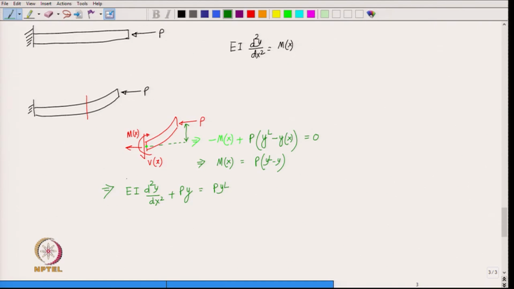So, the equation that we have here is a second order equation, and it is also non homogeneous, because the right hand side is not equal to 0.